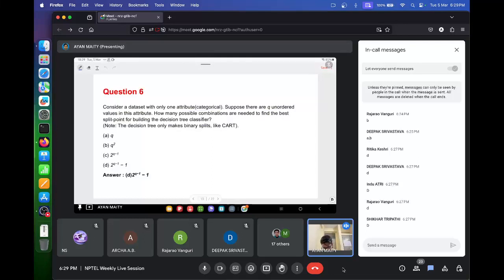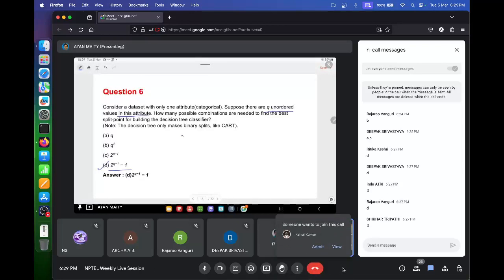So the correct answer is option D. So in this question, basically q unordered values are there. You have to split these values into two sets.